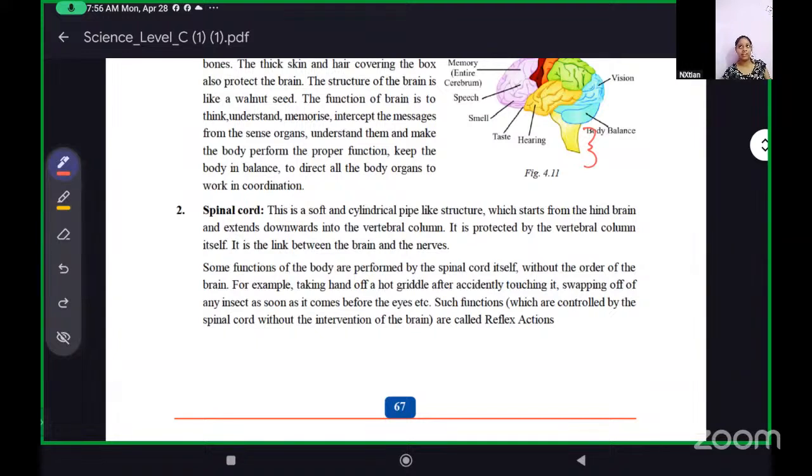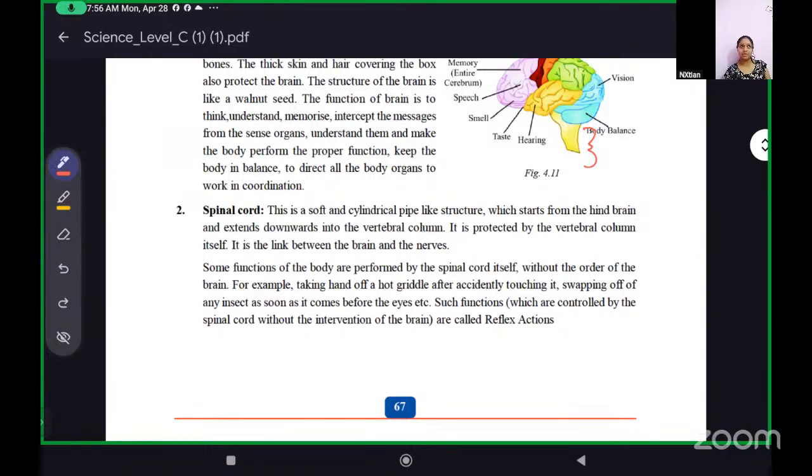Or like an insect comes and the first response is that we just swat it away. In seconds it happens. We don't slowly take our hand away, or put our hand for 2 seconds on the hot vessel and then take it away. No, instantly it happens. Now these instant reactions of our bodies are known as reflex actions.